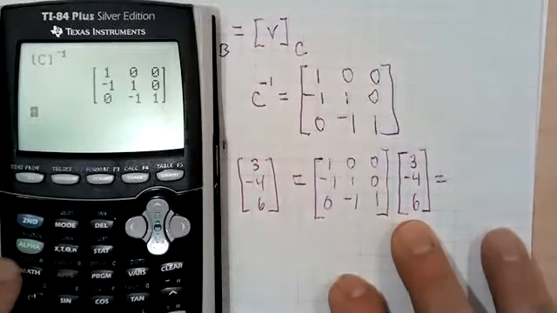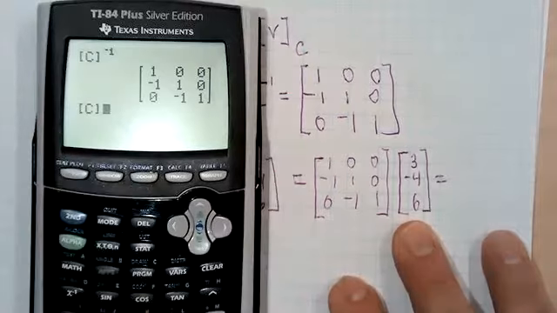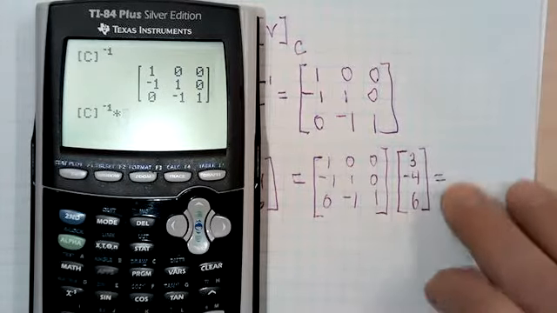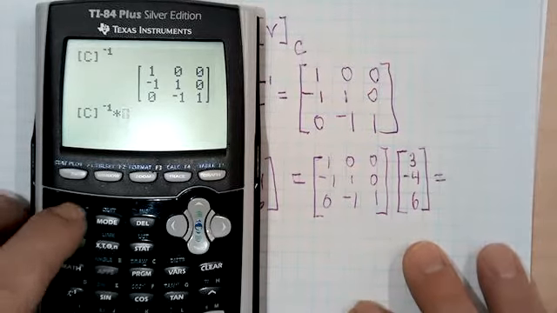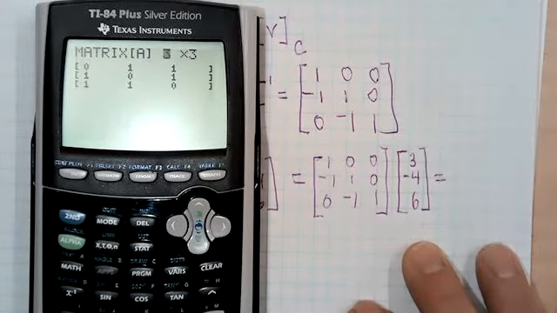So I've got C inverse, then I'm going to multiply by this vector 3, minus 4, 6. Did I store that in A or not? I can't remember. No. Let's put it there.